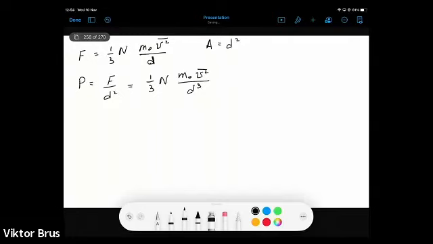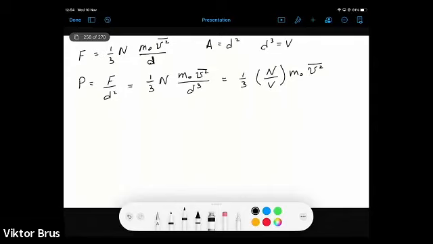And D cube is nothing else but volume. So D cube is the volume of our container. So we can write that will be 1/3 of N divided by V times M naught V square average.